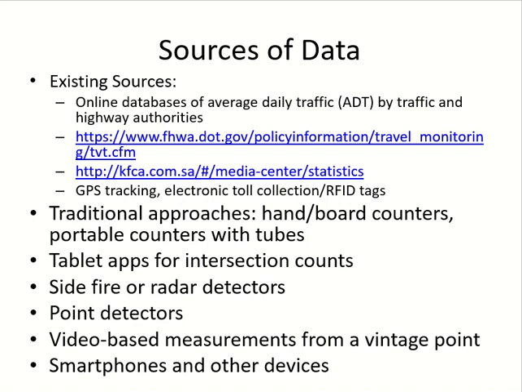Then we can have video based measurements. So you collect a video. And obviously if you want a good video, then you have to collect it from a point of good visibility. We call it a vantage point. A vantage point is a point from where you can have a good view of the site.